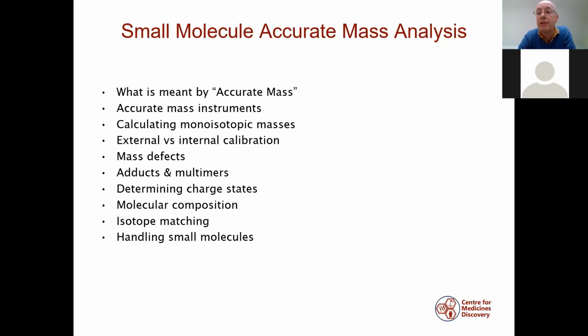We'll look at different types of calibration on the instruments. We'll look at mass defect, adducts and multimers, how we determine charge state for a small molecule, how we will use accurate mass to determine molecular composition, what we can do with isotope matching, and then finally I will give you some advice about how to handle small molecules.